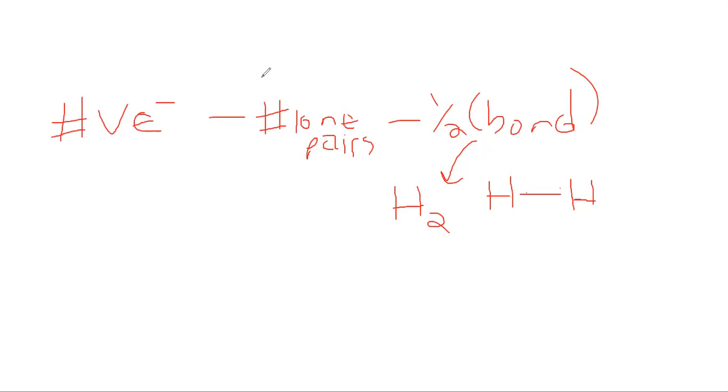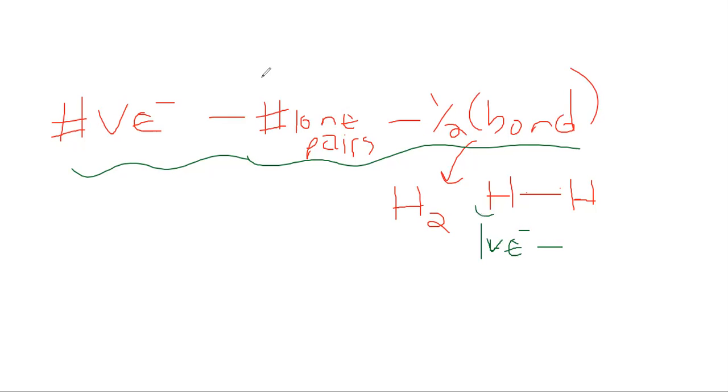But how can we make sure that it is correct? Let's say you're not sure if you did it properly. Well, the way that you would do that is you would take your valence electron number and follow this whole little thing right here. Hydrogen, if you look at the periodic table, has one valence electron, and I'm writing it as VE. How many lone pairs are around this hydrogen atom? There are no lone pairs.